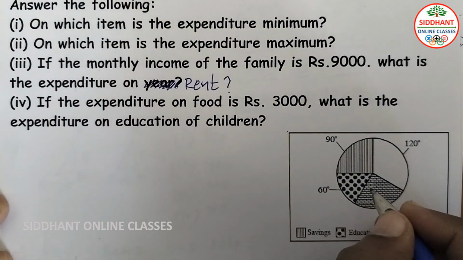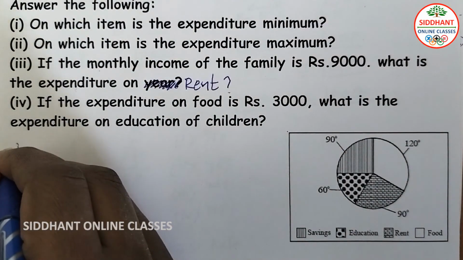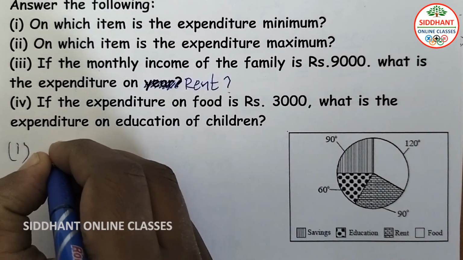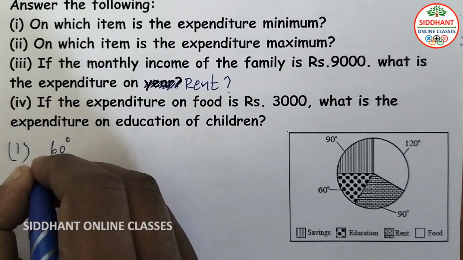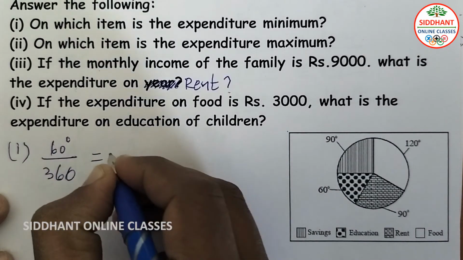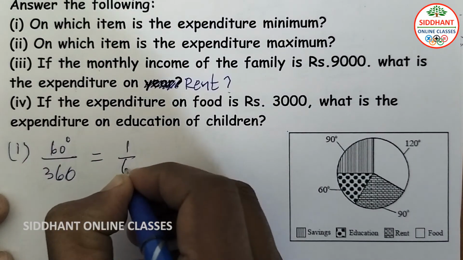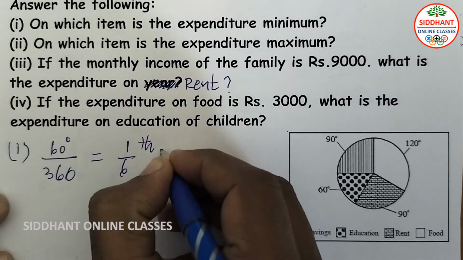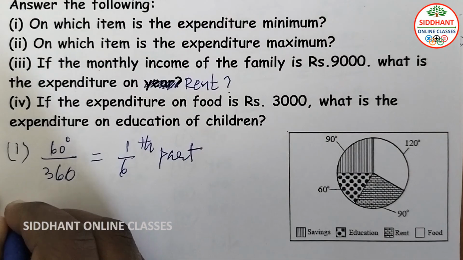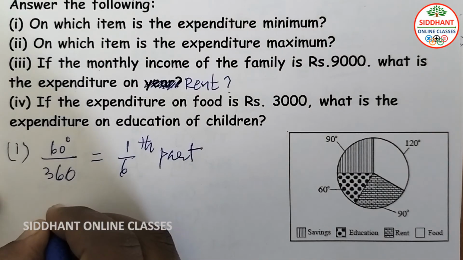First we are going to see which angle is less here. So how are we going to see? First, 60 degrees is there. So 60 degrees by total degrees, 360, when you divide, it will be 1/6 part. Next, second, 90 degrees is there.